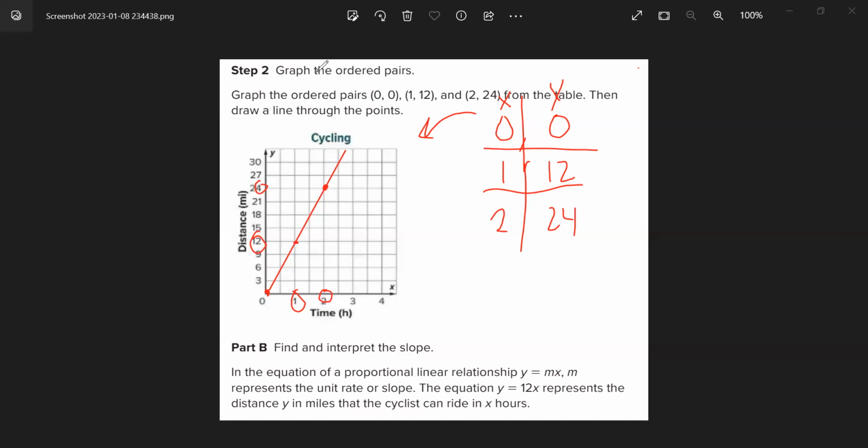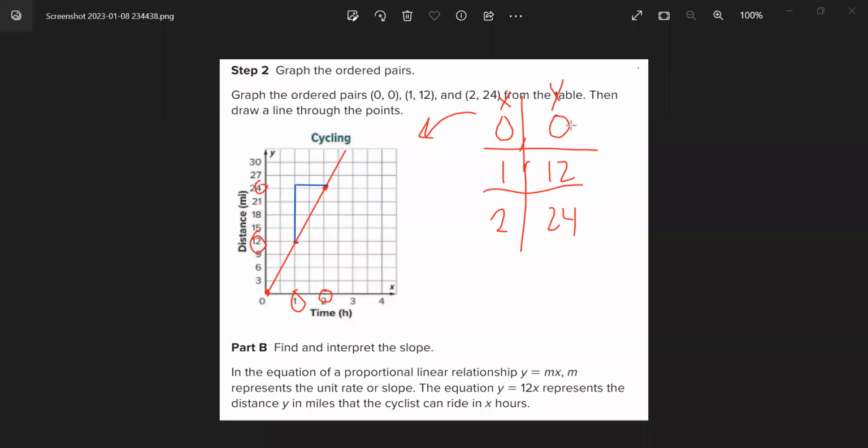Remember, how can we find the slope? The comparison or the change between 2 points. I'm going to get these 2 points. Remember, you don't have to use (0, 0) because it won't be as good as it should be.